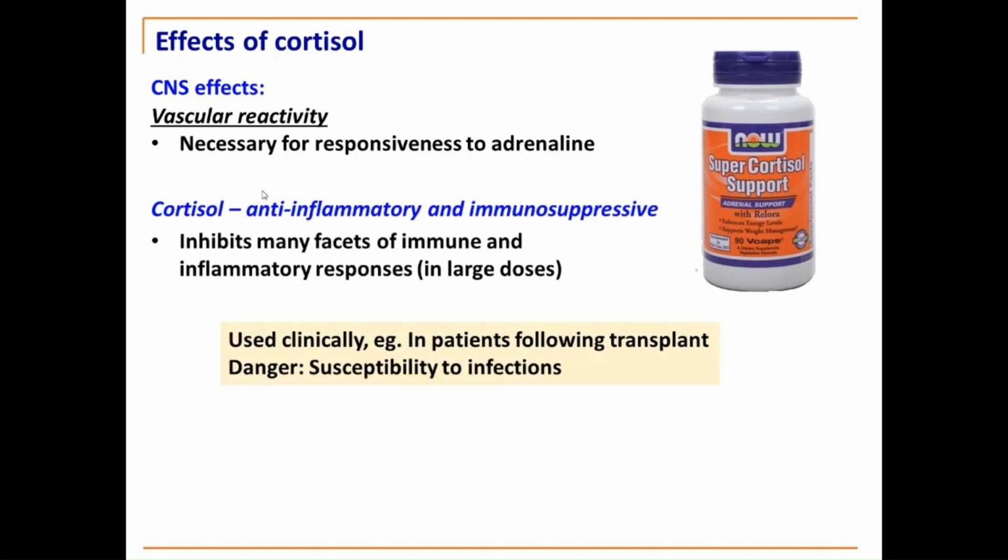And as you already know, it also has anti-inflammatory and immunosuppressive roles. So it inhibits many facets of the immune system and inflammatory responses, in particular in large doses. And of course, the corticosteroids are used clinically, for example, in patients following transplant. But of course, that increases susceptibility to infections, but also for asthmatics, for example, to dampen down that inflammatory response within the airways.